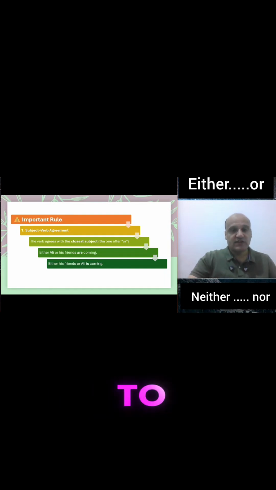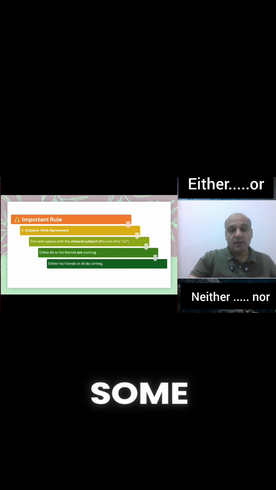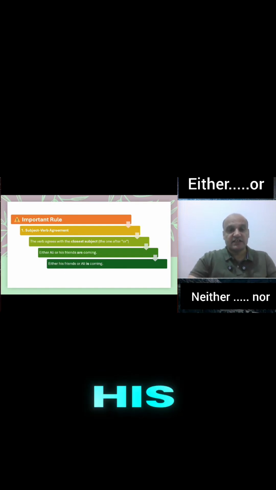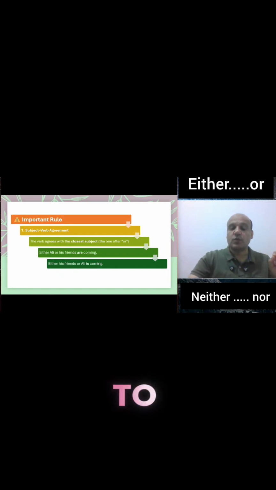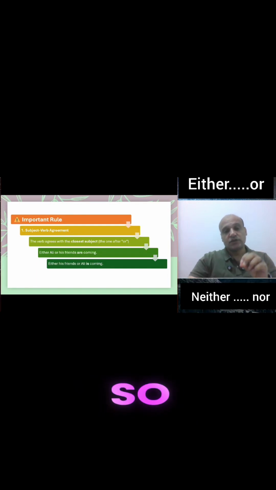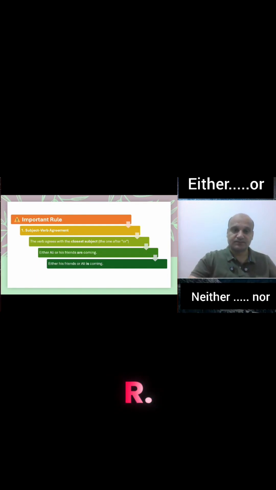So I have to say Ali is, not are. Some people say the subject here is his friends and Ali, both of them are plural. No, it depends on the closest subject to the verb. Ali is singular, so you should say is, not are.